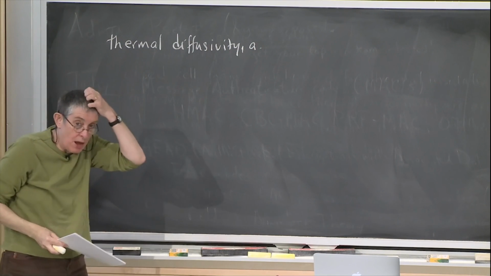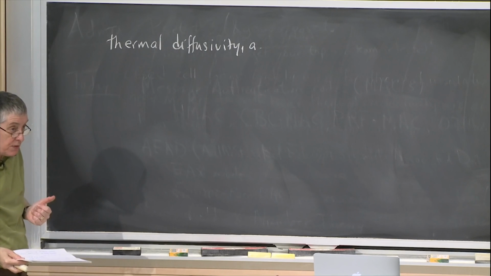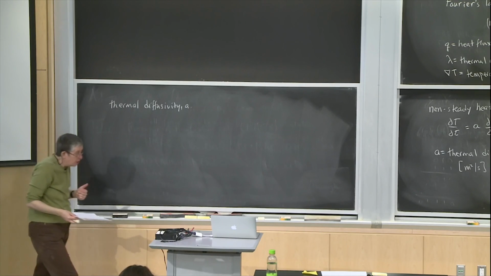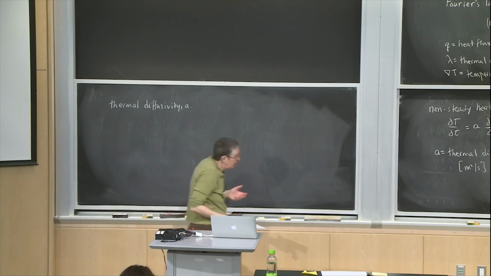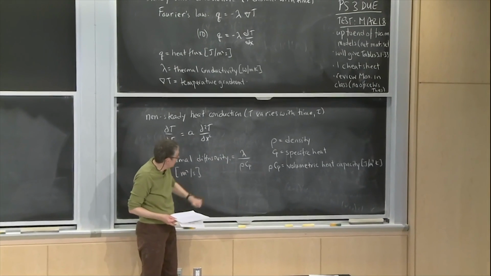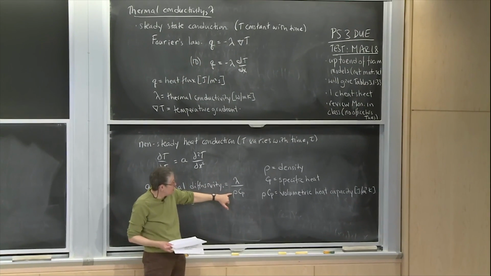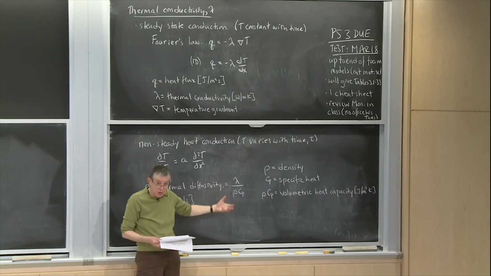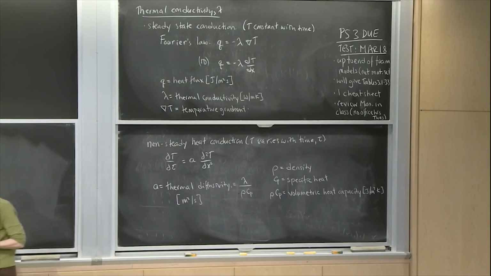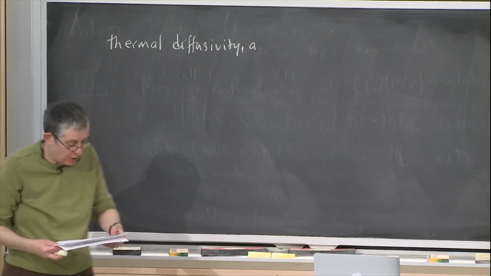Materials with a high value of thermal diffusivity A rapidly adjust their temperature to their surroundings. So if they have a high value of A, what it really means is they've got, say, a high value of lambda, so a high thermal conductivity, and say a low value of this volumetric heat capacity. So it doesn't take much energy to change their temperature, and they also conduct heat well. So they tend to adjust their temperature to their surroundings quickly.